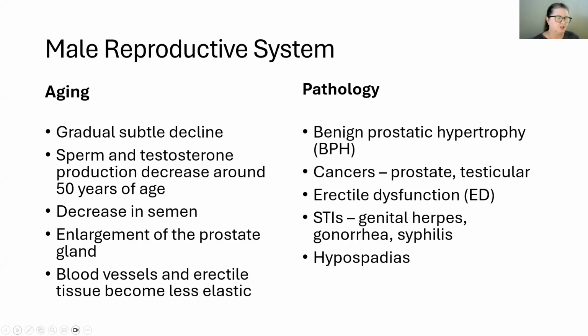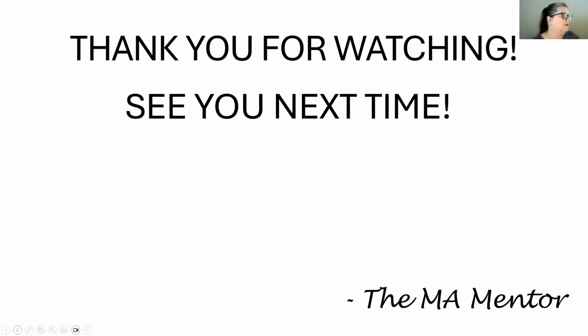And most urologists do provide at least some level of reproductive health care for men. If they're having fertility issues, of course, they would go to a fertility specialist. But as far as the pieces and the parts go, they can see a urologist usually for their issues.